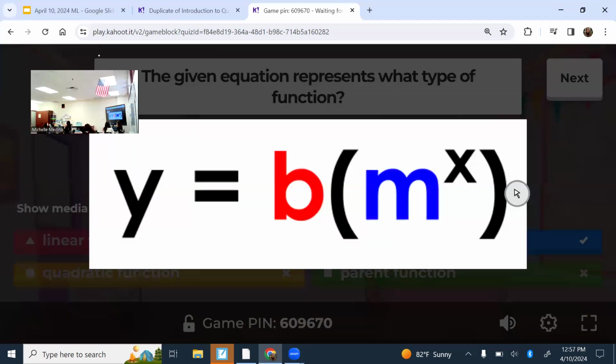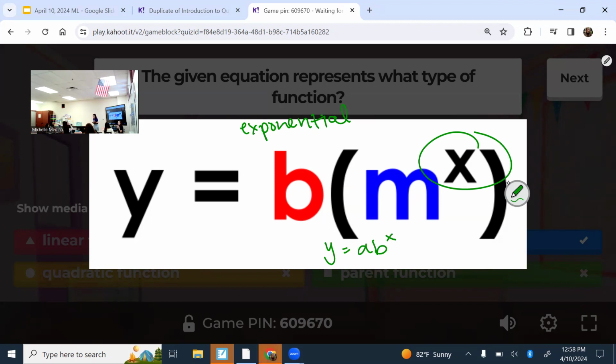All right, by the time you leave 9th grade, you need to be able to tell the difference between linear, exponential, and quadratic functions. Those are the big 3 we cover this year. If the variable x, the input, is the exponent, then that's an exponential function. They use different variables, but that's like y equals a times b to the x power. Whenever x is the exponent, that's exponential.